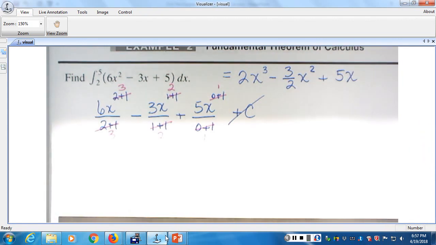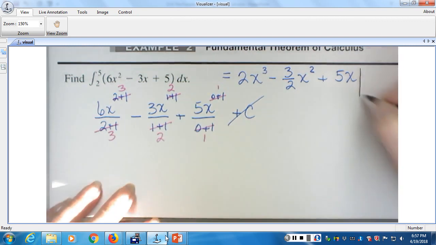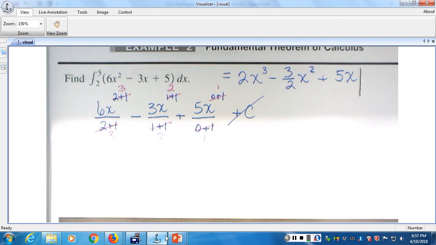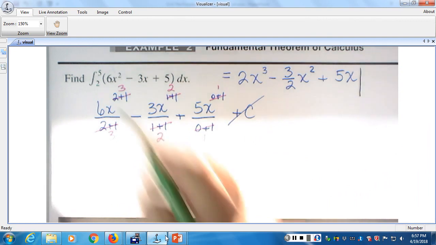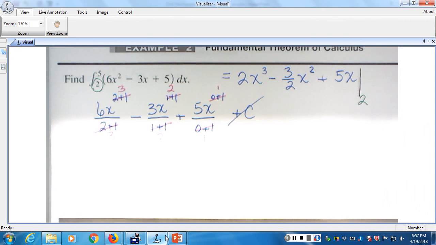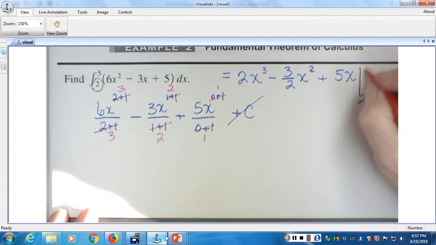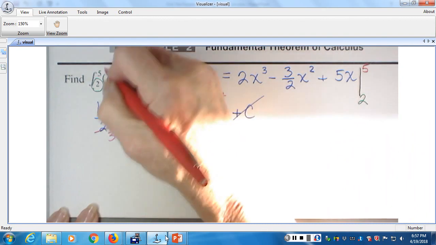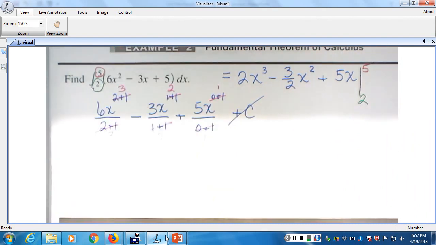First step is done. Second step is the arithmetic. So we're going to evaluate that expression, plugging in x equals 2, and then plugging in x equals 5.